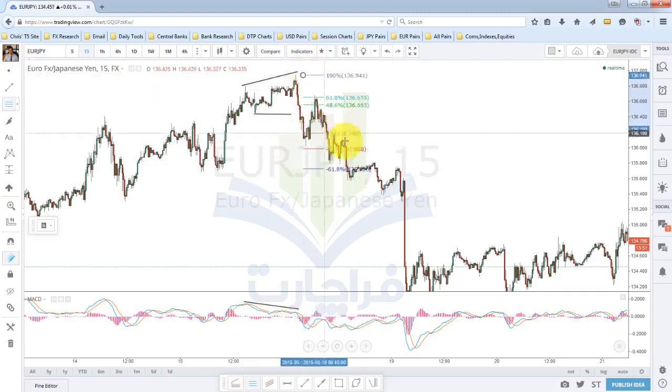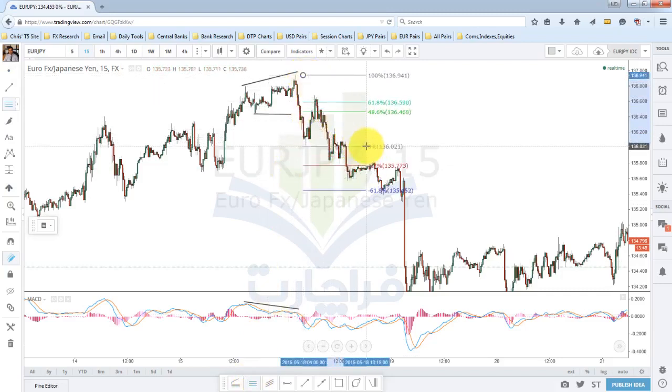We'll draw our Fibonacci retracement extension tool right here. 62% retracement. The initial target here was the 127, and you can see this even continued down to the 162% before finding some support again, and then continuing even deeper down. But those are the targets.